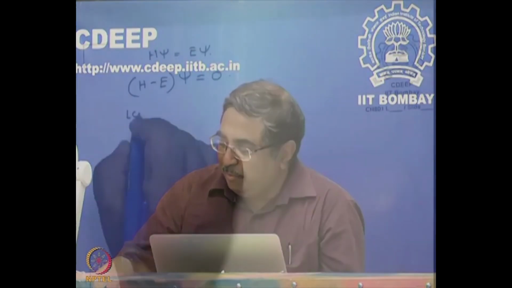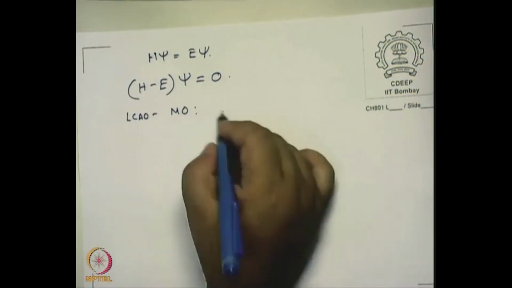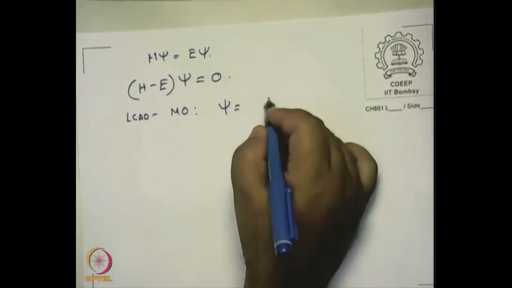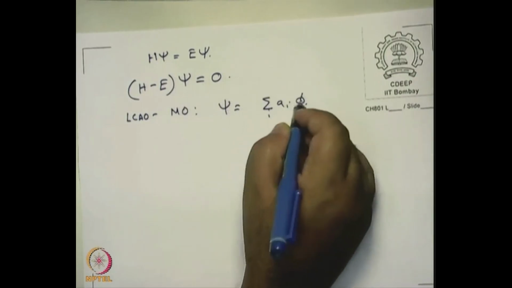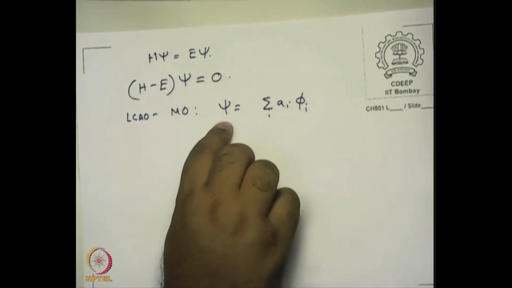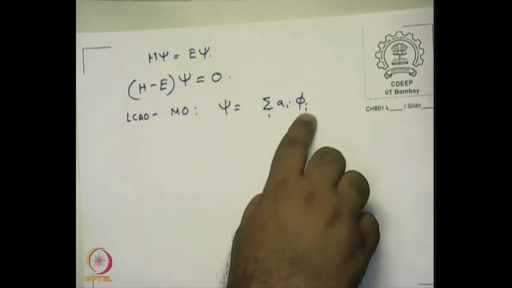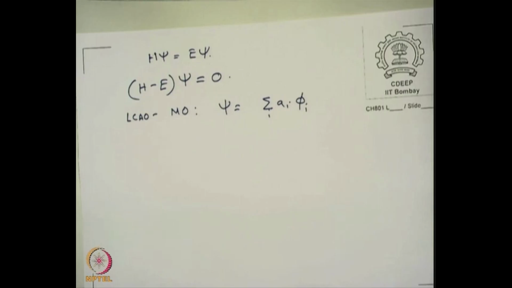So, LCAO. When you use LCAO, you write it as something like the sum over i of a_i phi_i. The convention is to write psi with subscript i and phi with subscript j, but I will just write it in terms of one psi for the moment, and then let us see what comes out of it.